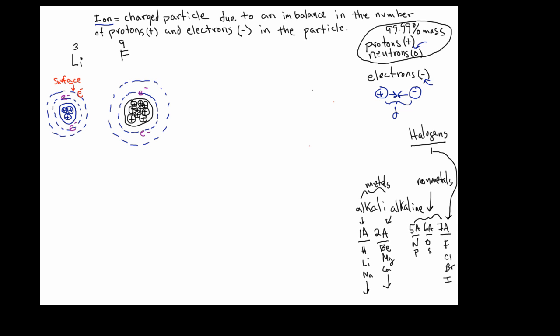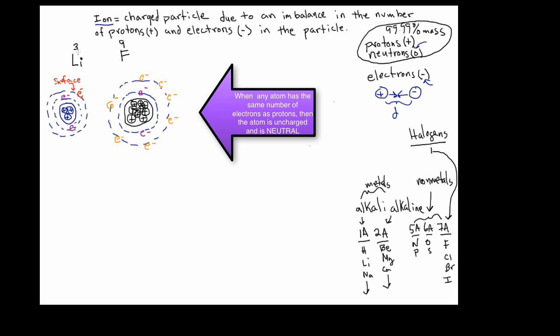All right, and so let me go ahead and put those in. Let me make sure I have a total of 9 here. So we've got 1, 2, 3, 4, 5, 6, 7, 8, 9 total electrons.